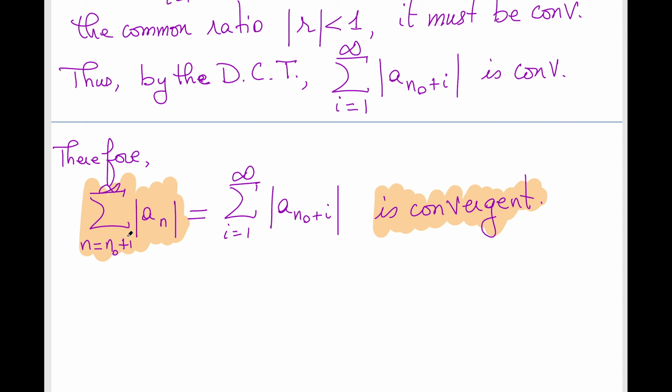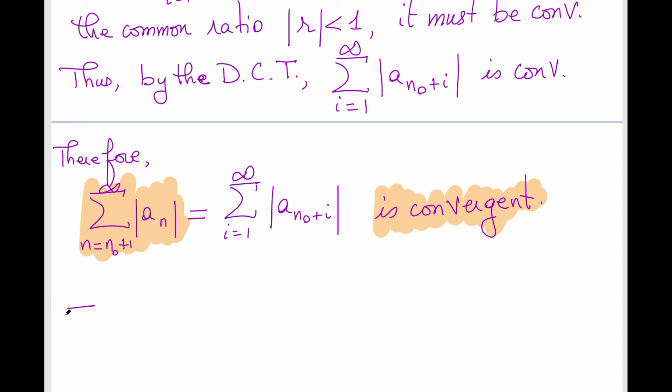So what are we missing from what we want? We're only missing the first n naught terms, right? So we're missing the absolute value of a1 plus the absolute value of a2 plus etc., all the way to the absolute value of a n naught. Correct? But if you add finitely many elements to a convergent series, it's going to remain a convergent one. Remember, a finite number of terms doesn't affect convergence, right?